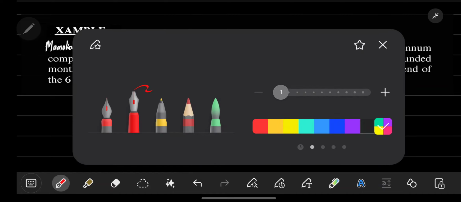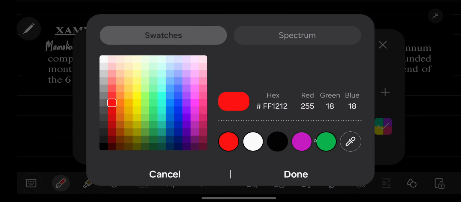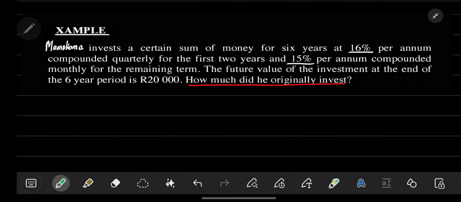Another highlight that I just want to make quickly, I hope you do not forget this, it's very important to know this. Whenever we talk about P, we refer to present. This is the money in the present time, and A is the future.